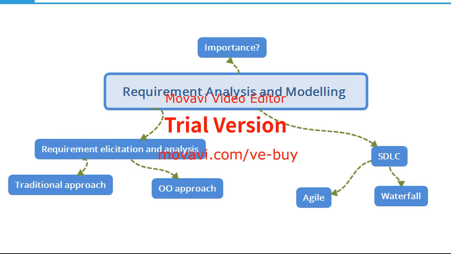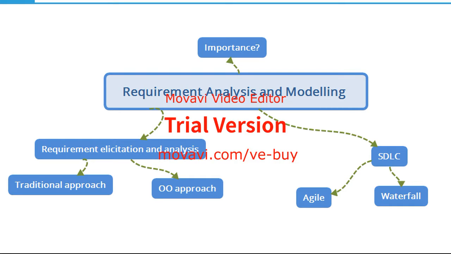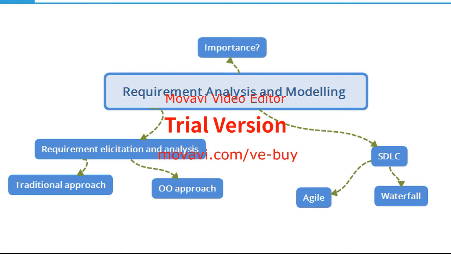The structured approach treats the system as a collection of processes. These processes interact with each other and the data entities, and of course there is input and output from these processes.